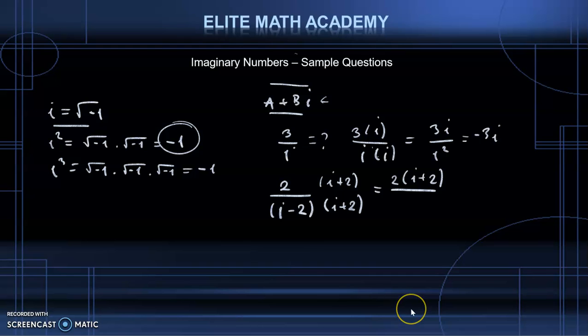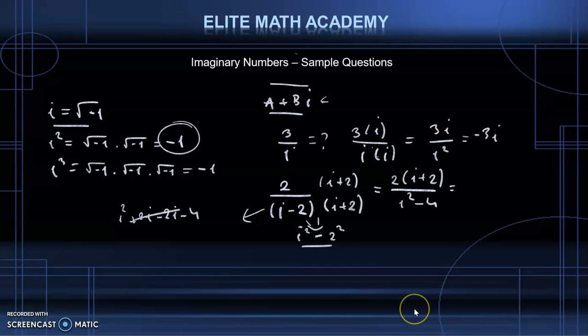Then the denominator, from the perfect squares, equals i squared minus 2 squared. If we distribute, i squared plus 2i minus 2i minus 4, these will cancel, and we have a perfect square here. So this will be i squared minus 4.